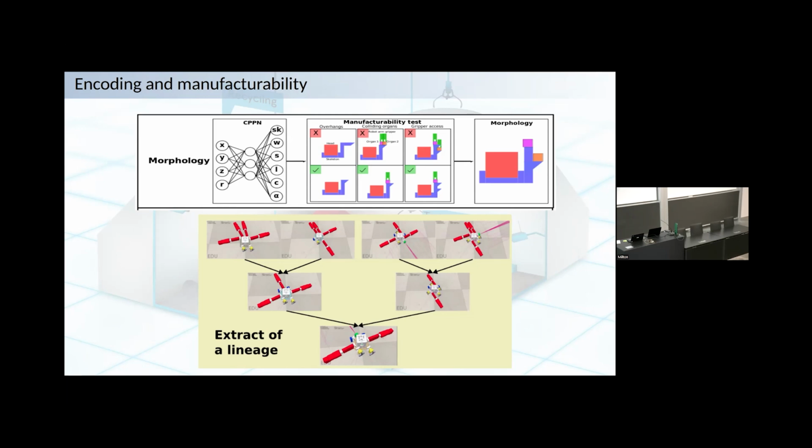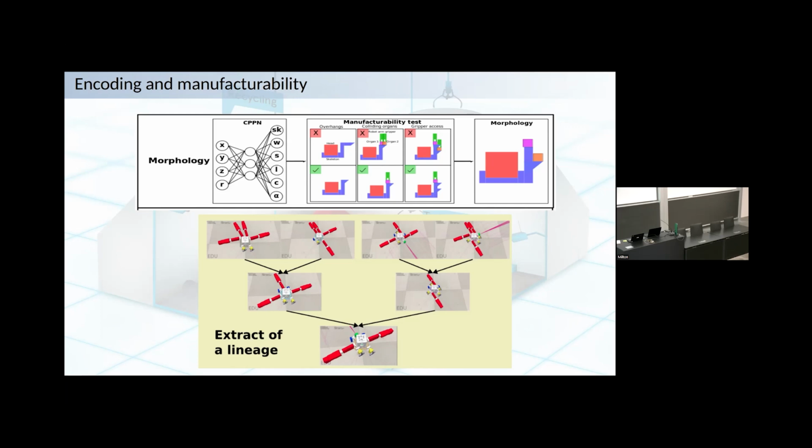We have mainly three tests, which are specific to our robot fabricator. We test for overhangs on the skeleton, because overhangs don't work really well with 3D printers. Do we have colliding organs? We call the components organs. Two colliding components don't work well in simulation or in reality.